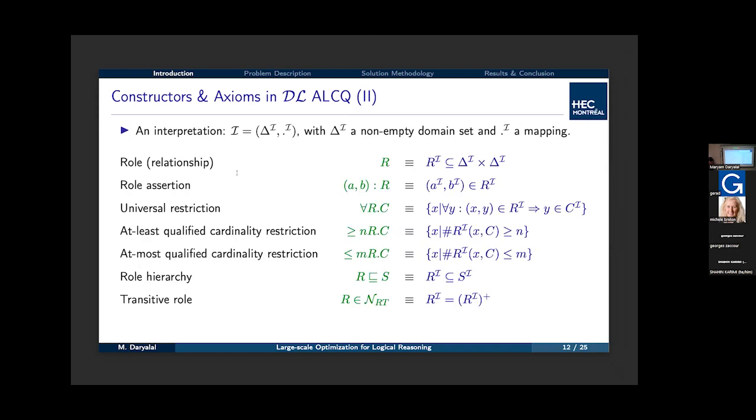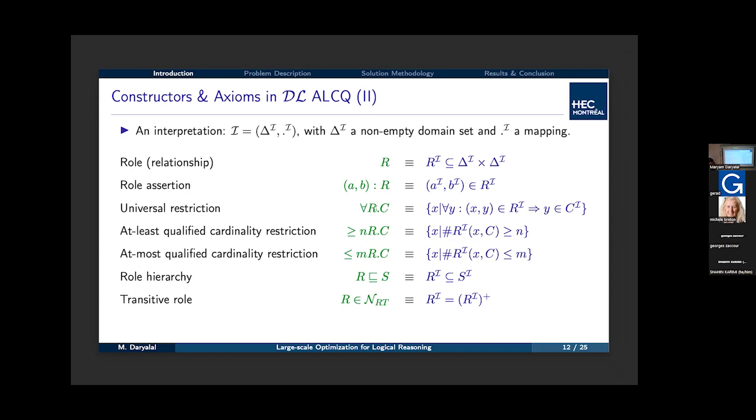Regarding the roles and functions, naturally it has the role capability, the role assertion. So I can say that Maryam teaches linear programming. Here, Maryam would be this A, and B would be linear programming, the course. And it has universal restrictions.